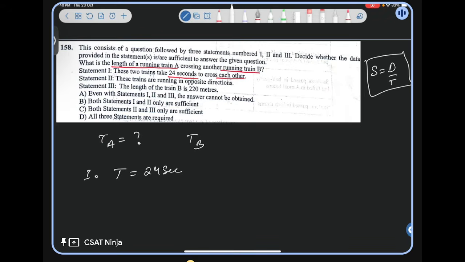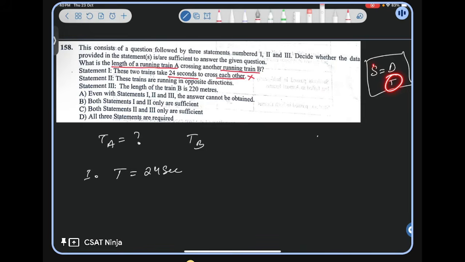But when there are two moving bodies, we use relative speed, right? One is moving and the other is also moving. So there will be two speeds here, speed 1 and speed 2, but I don't know the direction. So let me just stick with this one. The formula will be speed 1, but directly by using statement number 1, we won't be able to answer here, because I just have time.